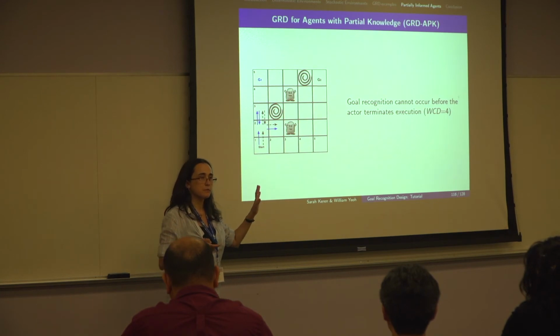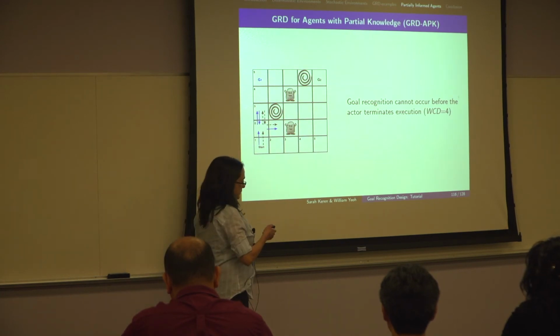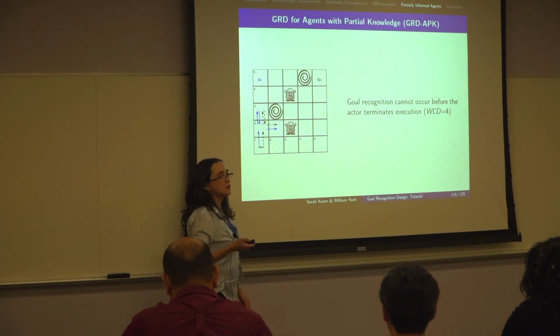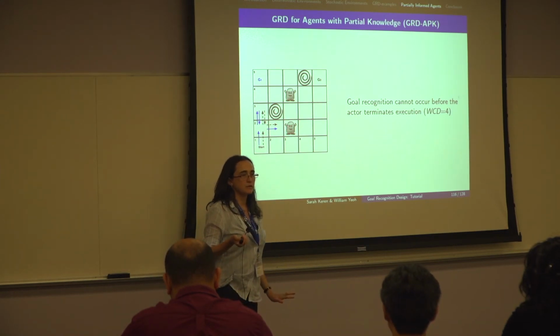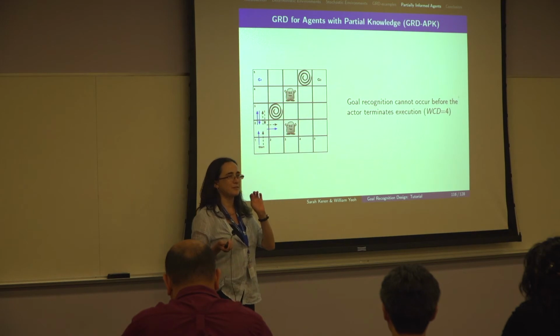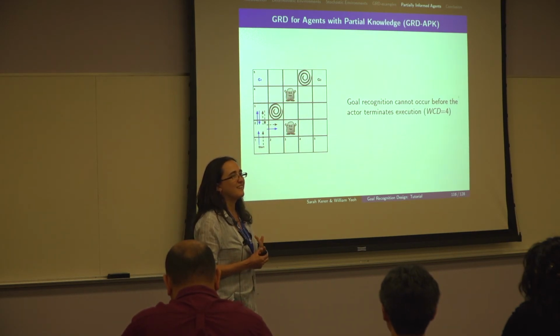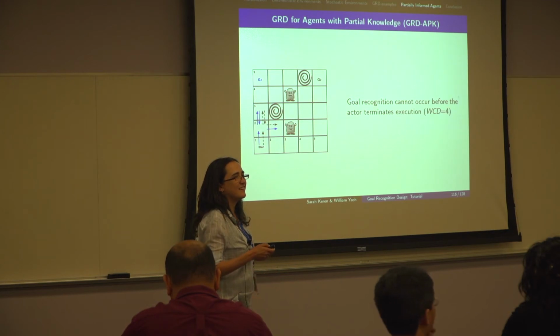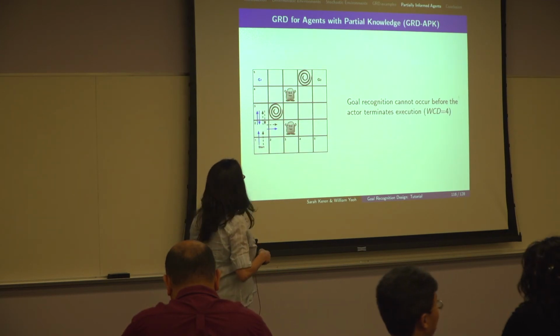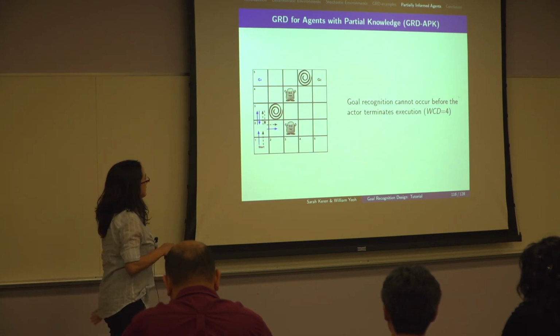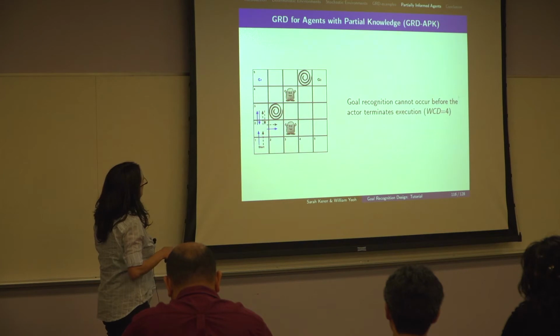Why does it stop? Here the agent senses a breeze and a stench. This is a subtle point. The fact that it terminates means that in our case the WCD is 4.